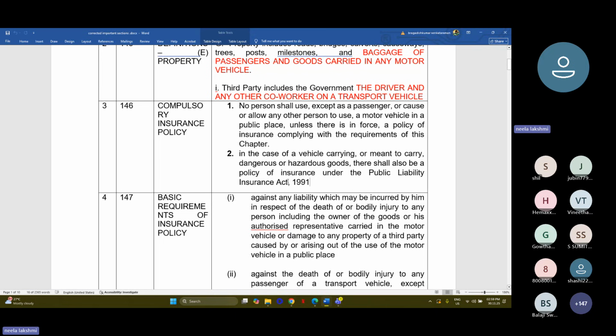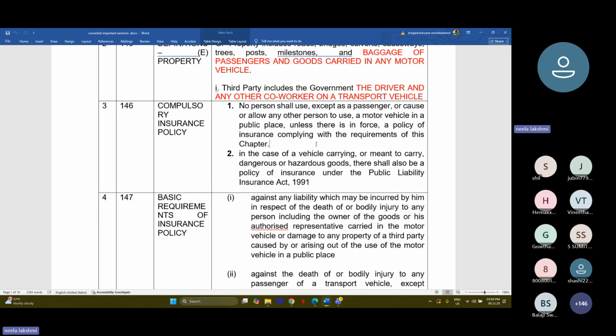In case of a vehicle meant to carry hazardous goods, as we all know, a public liability policy is also required in addition to the basic insurance policy. This basic insurance policy means the vehicle may have a liability only policy. Even a liability only policy will do.